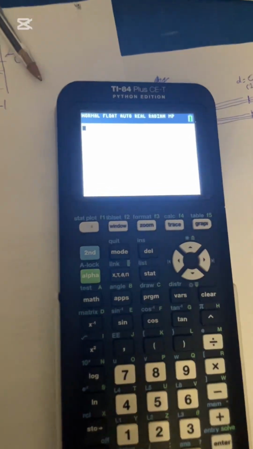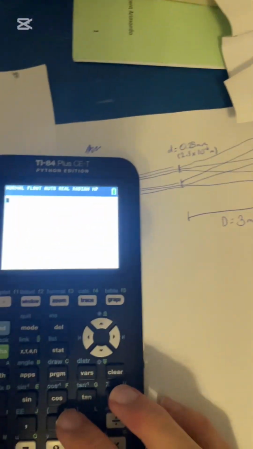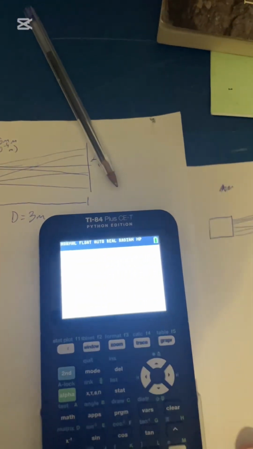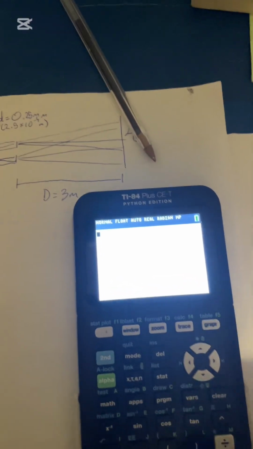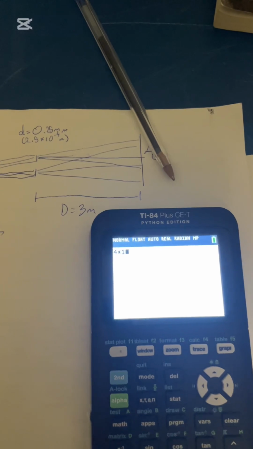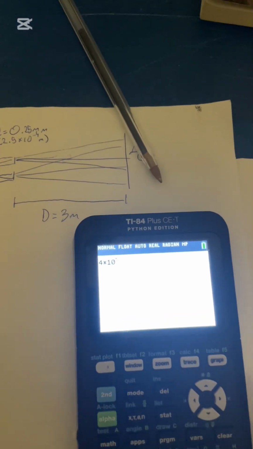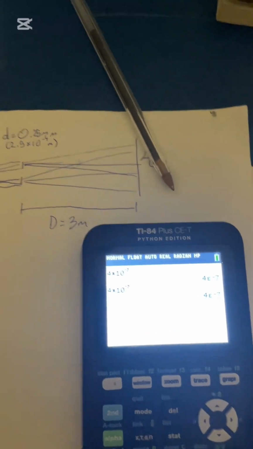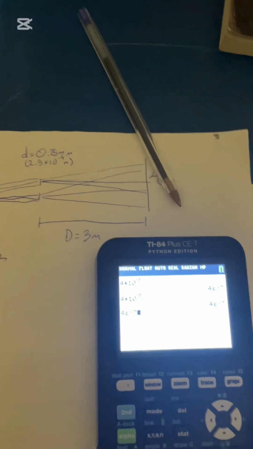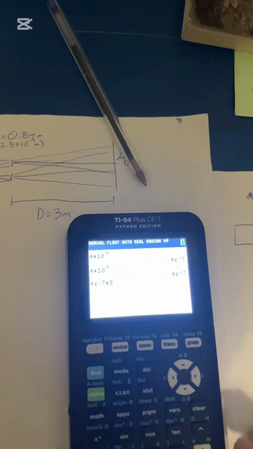So we are saying lambda is 400 nanometers, which is equal to 4 times 10 to the negative 7, multiplied by big D, which is 3 meters, we said.